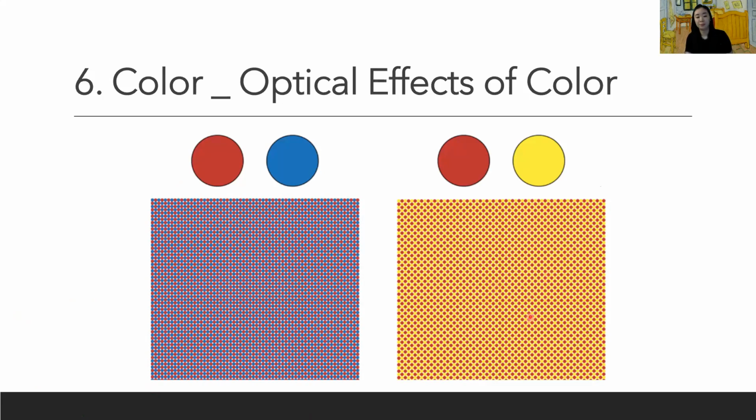Now let's look at these two boxes with your eyes half closed like this. Which color can you see in that box? Purple. Orange. That's right. Purple and orange. So that is optical color mixture by mixing colors in our eyes.